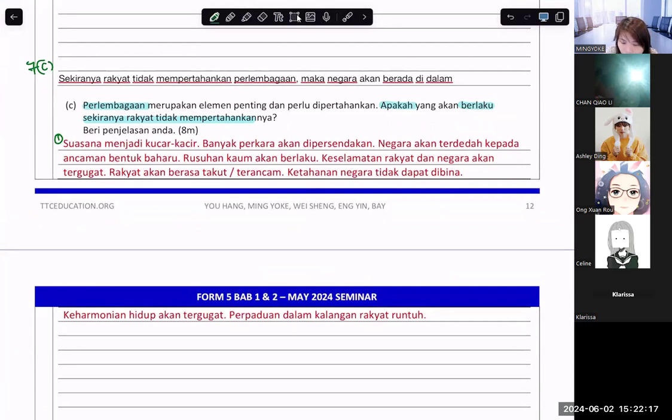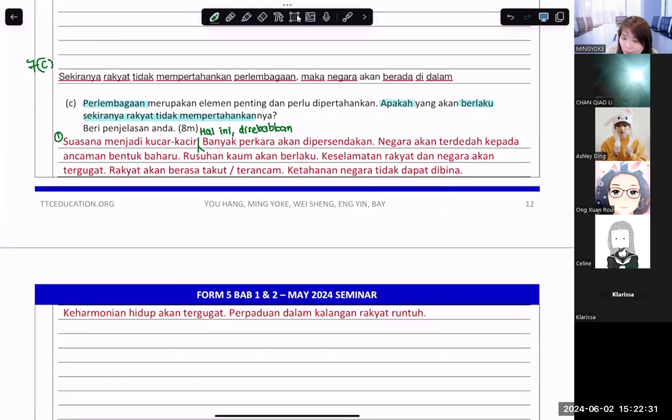Because of hal ini. You have to write, hal ini disebabkan jenayah dan gejala sosial akan berleluasa. Criminal action, kegiatan jenayah lah, you can write. Kegiatan jenayah.